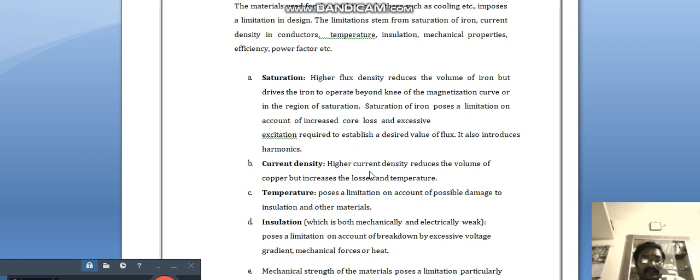So the total machine will be heated and damaged. So the limitation is on account of breakdown by excessive voltage gradient, forces or heat.